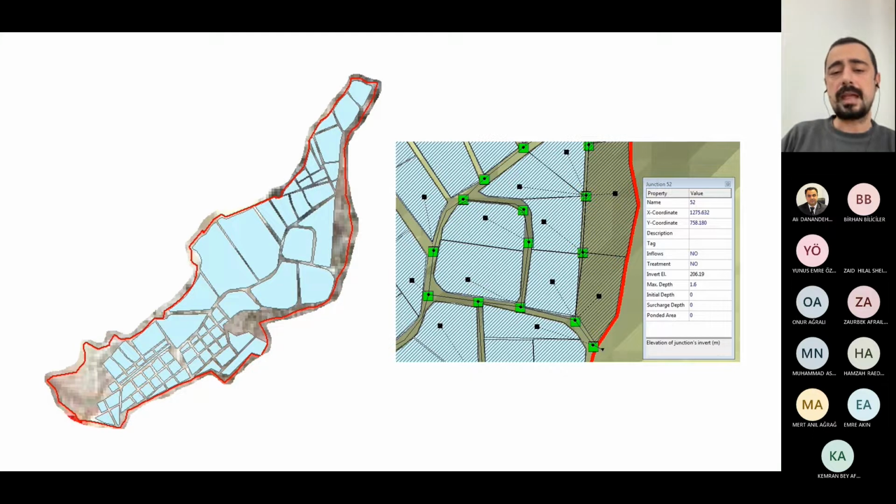This water eventually flows out onto the roads because there's no drainage infrastructure. In order to fix the problem, we designed a drainage infrastructure for the field.